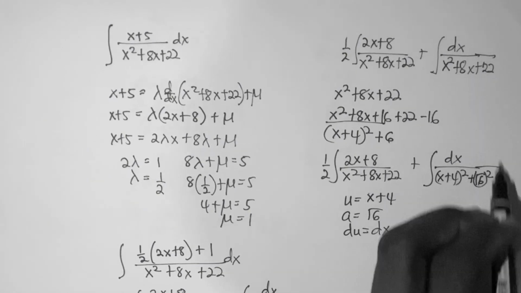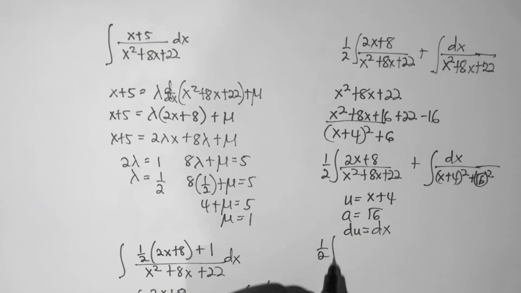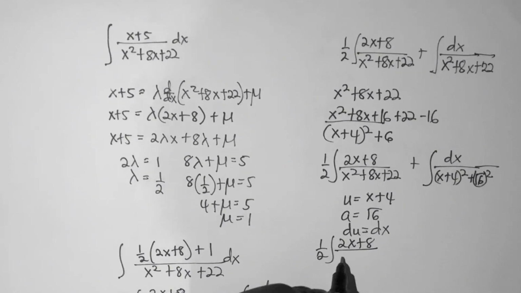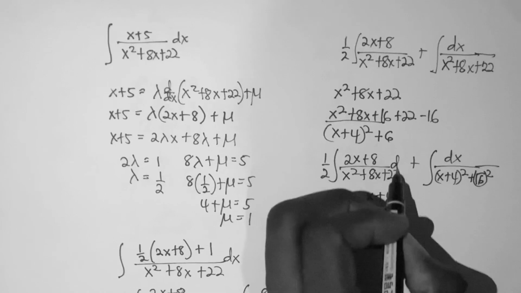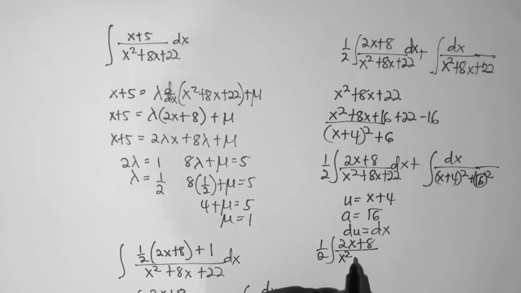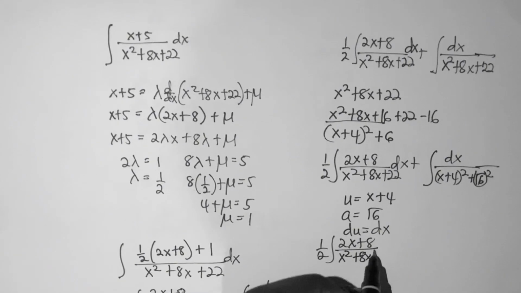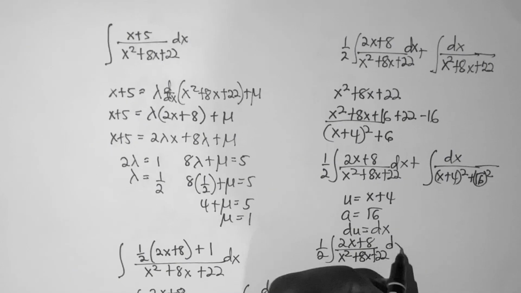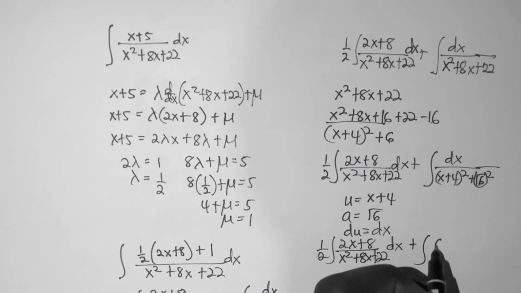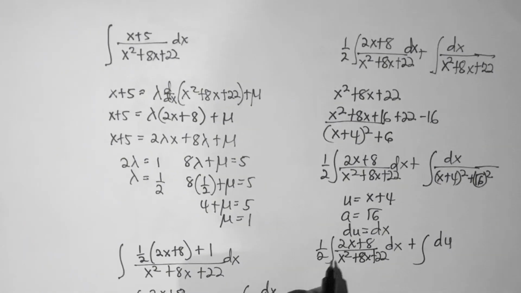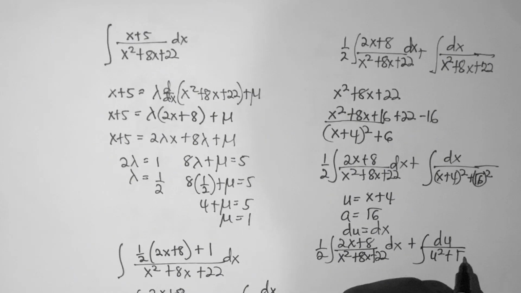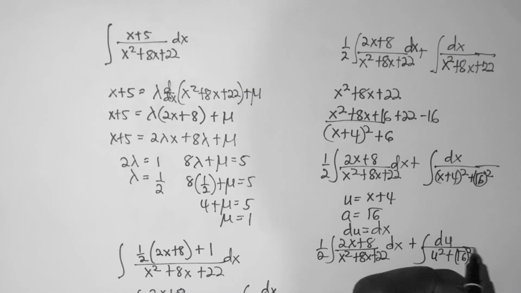So it means that this integral can be reduced to 1 over 2 integral of (2x plus 8) divided by (x squared plus 8x plus 22) dx. Sorry, there's dx here. And then plus the integral of du, because dx is equal to du, divided by u squared plus root 6 all squared.